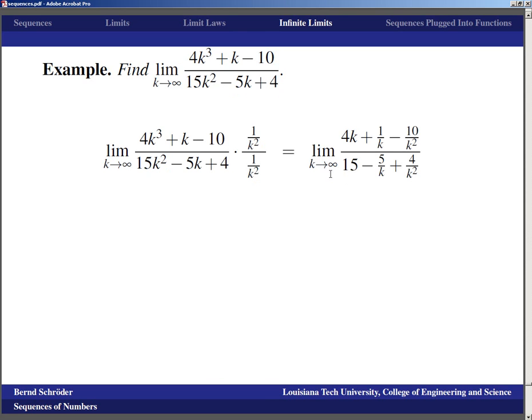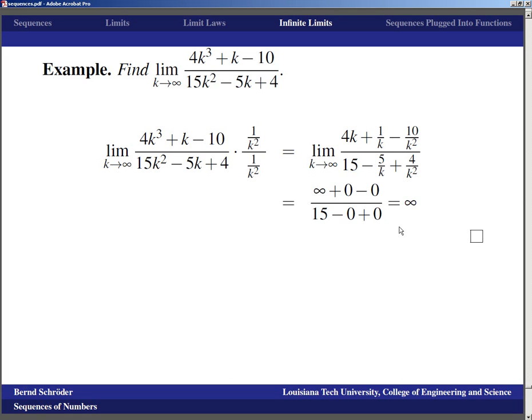And that gives us the limit as k goes to infinity of, this time, 4k here, plus 1 over k from here, minus 10 over k squared from here, divided by 15 from here, minus 5 over k from here, and plus 4 over k squared from here. And we realize that that is infinity plus 0 minus 0 divided by 15 minus 0 plus 0.